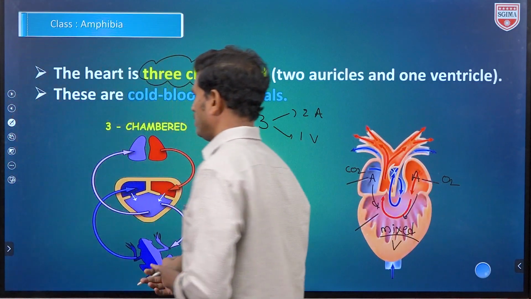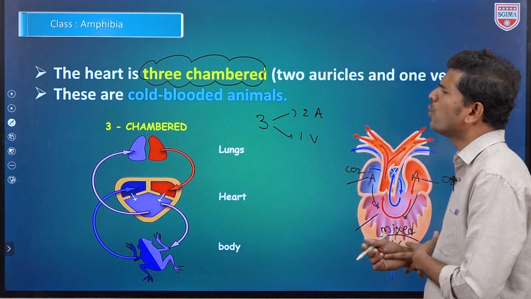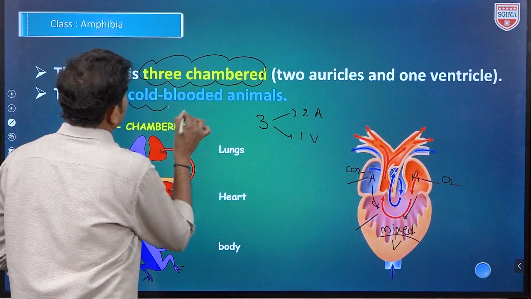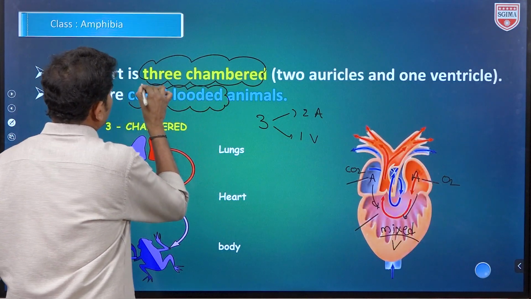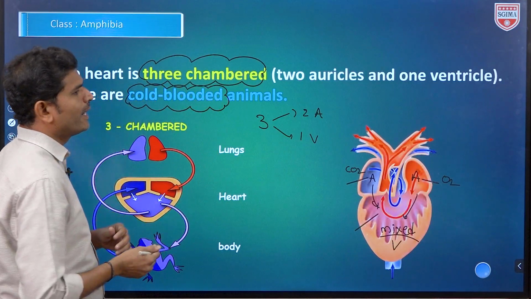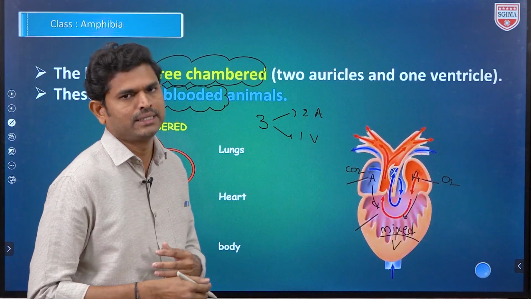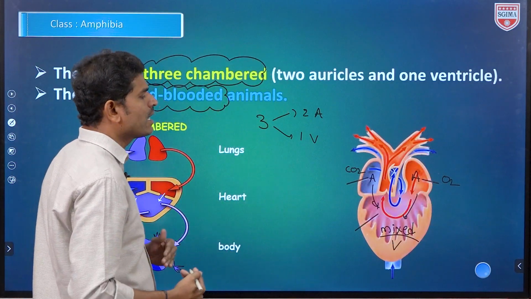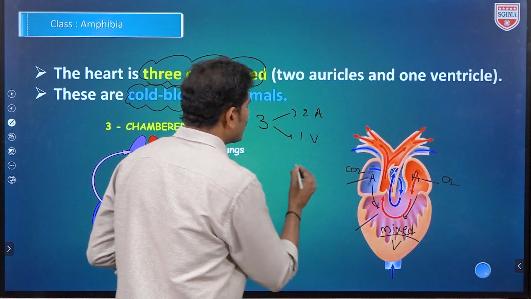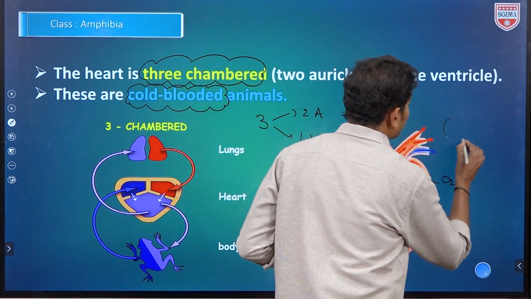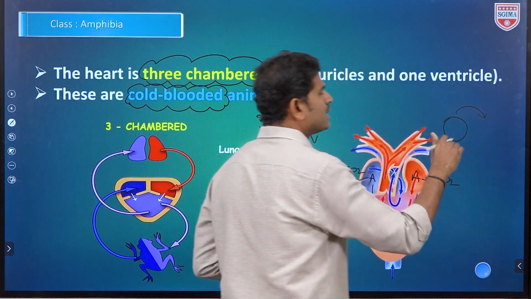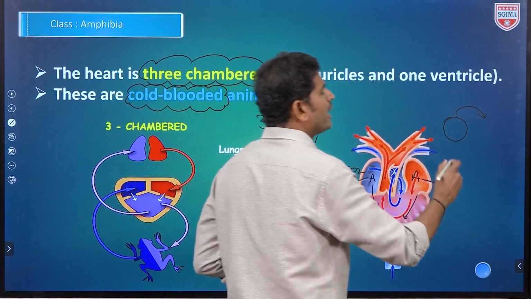Now next point. These are cold-blooded animals. Previously we also discussed that. What is cold-blooded, warm-blooded? Cold-blooded means ectothermic, poikilothermic. The organism's body temperature always fluctuates and depends on the surrounding environment.